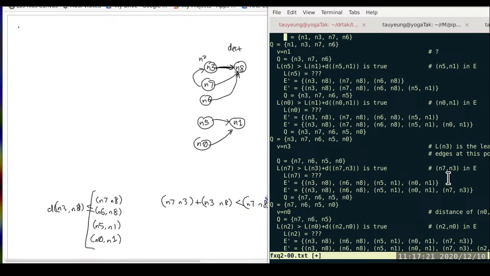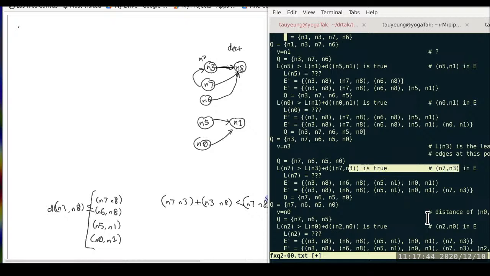I'm using shorthands, so I'm not using the D and the whole notation. I'm just looking at a path this time, and all the distances of the edges. So that's what we got out of this part of the trace.